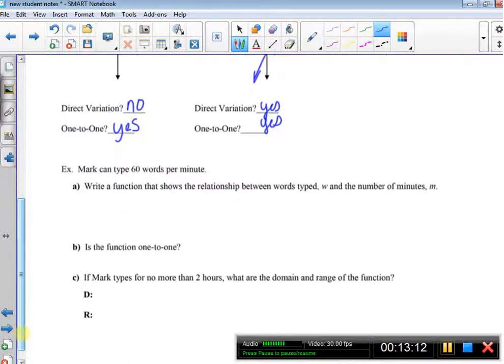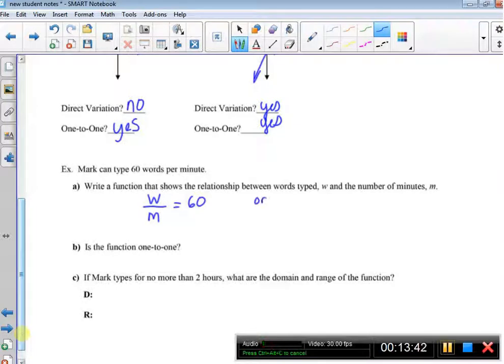Okay, another example. Mark can type 60 words per minute. Write a function that shows the relationship between words typed W and the number of minutes M. So if you took 60 words per minute, then I would think you would take your words typed W divided by your minutes equals 60.